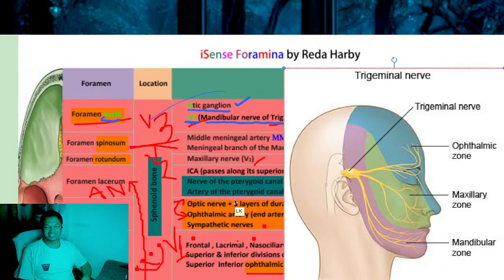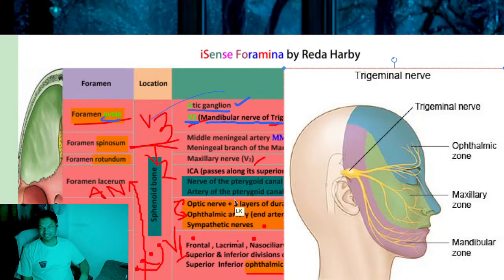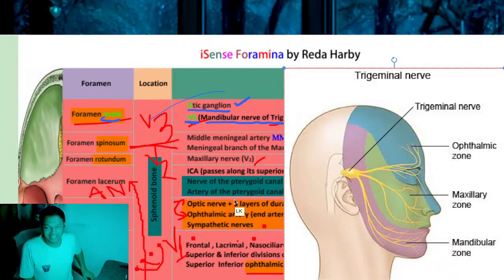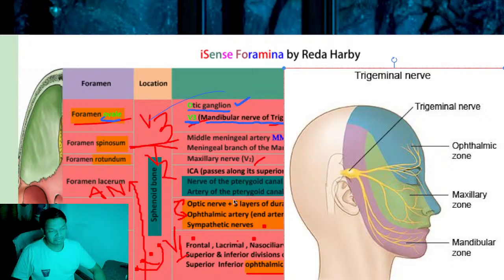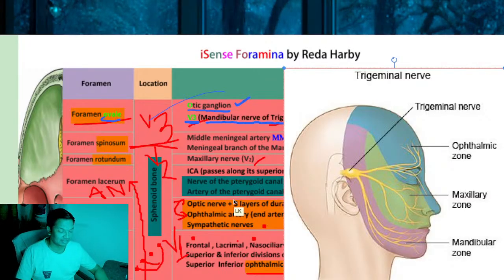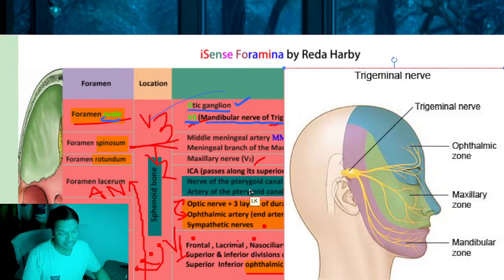Vagus is 10, yes. Vagus has many important functions in our neck and chest and abdomen. So the vagus nerve passes with which structure from chest to abdomen?